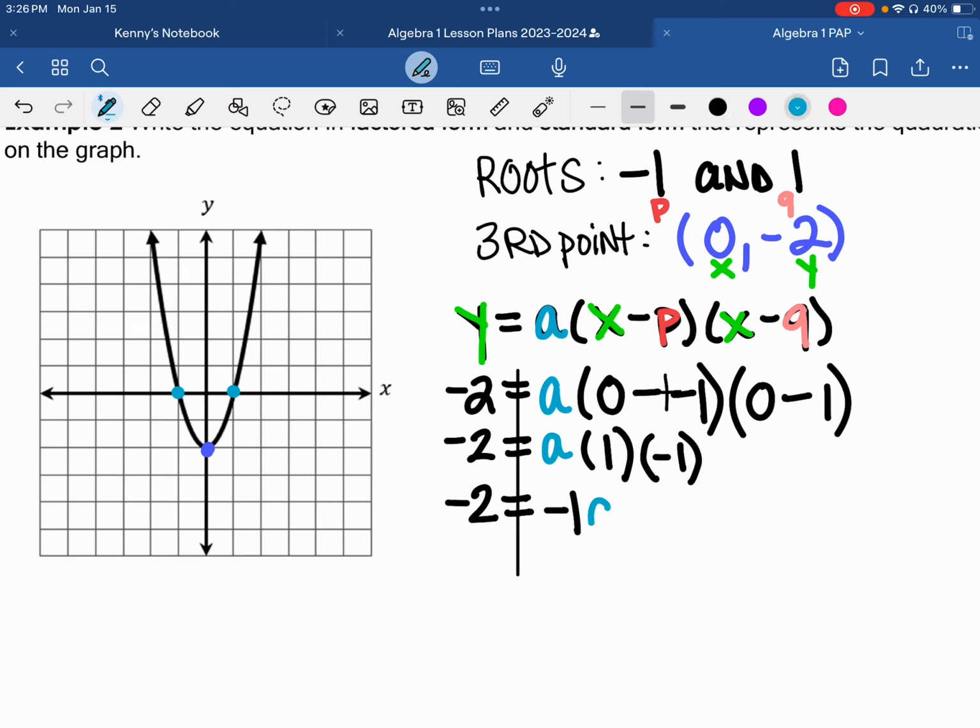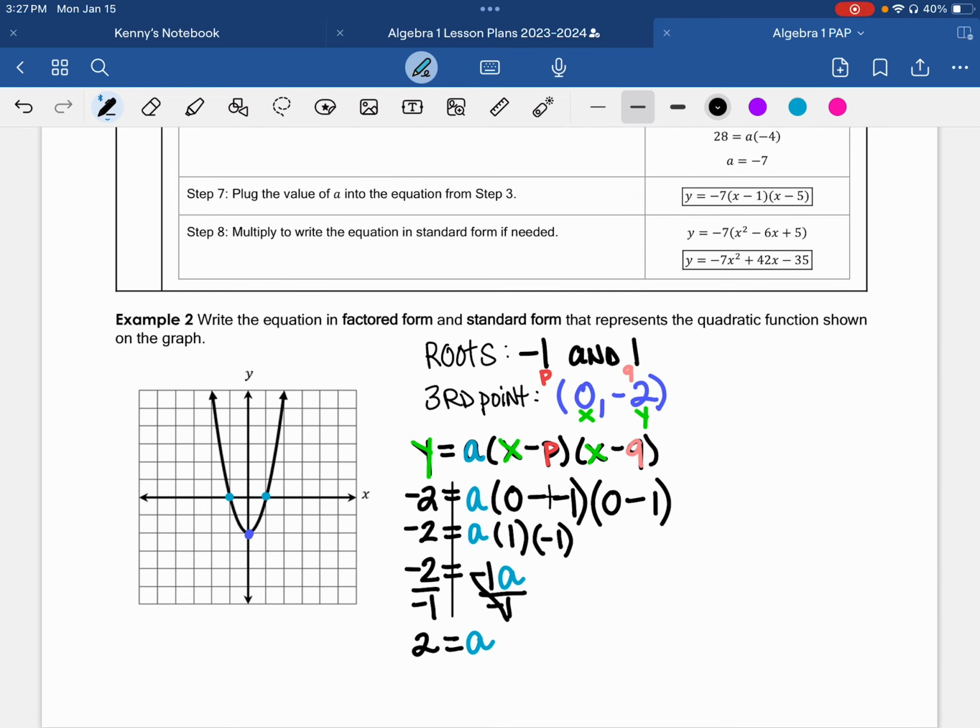And I'm going to move the a to the back, because when I have a variable, a letter like a, I want to see the number in front of it. I don't want to confuse myself and think a minus 1 is subtraction when it's really multiplication. To get rid of that multiplication, I'm going to divide, giving me a value of a that is +2, -2 divided by +1.